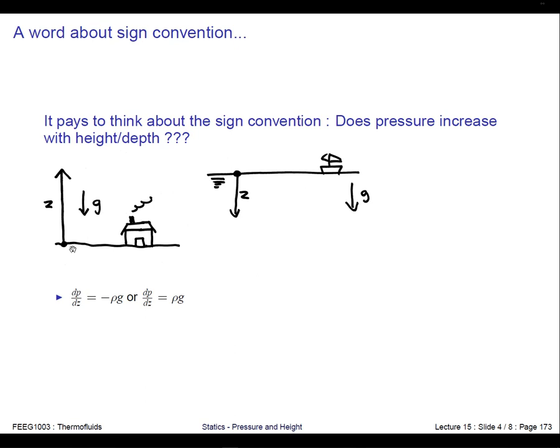So pressure is going to decrease as you go up, and you need to think about the gradient. Is dP by dz going to be positive or negative as we change z? If pressure goes down as z goes up, then the gradient is going to be negative, and we should be using this one.